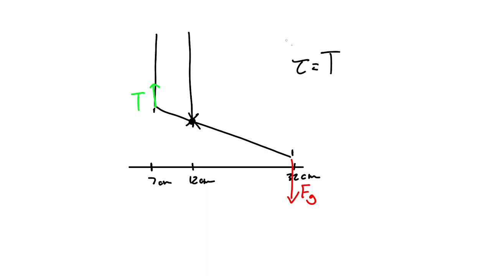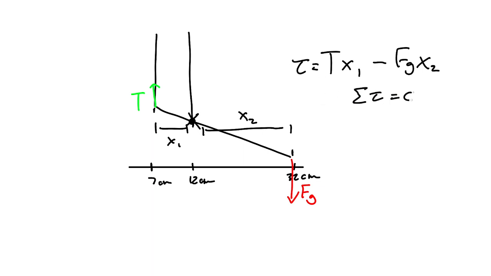It's our tension force times this distance, we're going to call this x1, minus, let's say this distance is x2, the force of gravity times x2. And since our net torque is going to be equal to 0, that means that our tension is going to have to equal our gravitational force.